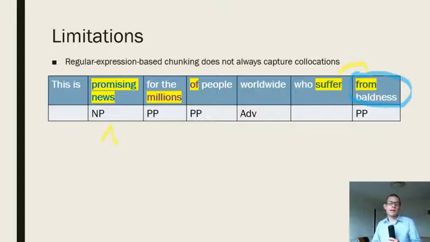So we have to choose what we want to prioritize when we chunk. We can prioritize prepositional phrases or phrasal verbs, or perhaps verb preposition pairs or adjective preposition pairs, such as afraid of, excited about. But we can't always chunk every pedagogically useful chunk that we want.